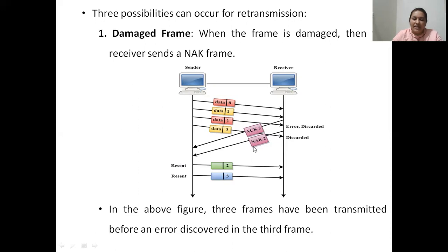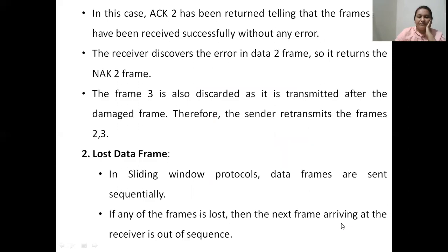So if NAK 2 is received, starting from data 2, all those frames which were not yet positively acknowledged have to be sent. In this case, frames 2 and 3 have been resent. So this is how the go back N protocol works in case of a damaged frame.